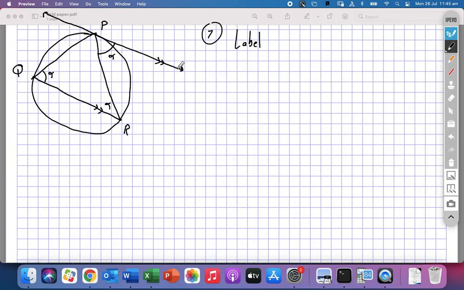I might put another point on this tangent. All right, so if we have an angle RPT, I'm communicating by saying that I'm labeling this angle alpha. Sorry, that's a terrible alpha.